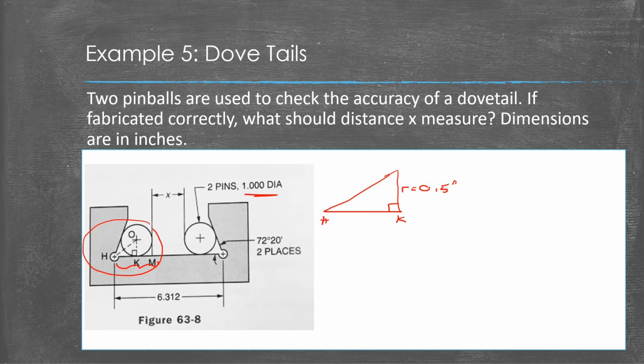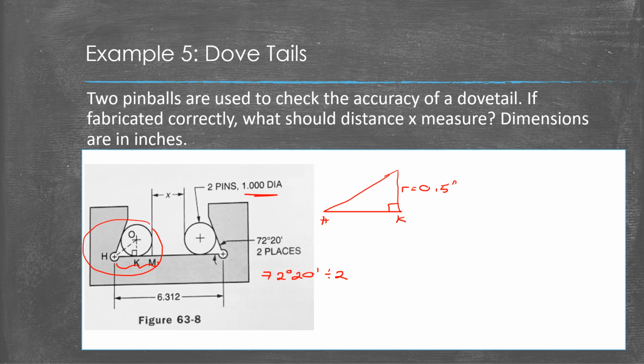72 degrees, 20 minutes, in 2 places, tells us that both sides of these are equal. That's all that means, is it's equal. And that's the whole angle. Now you'll see here that we've cut this in half. This angle happens to be cut in half when we tuck the circle in. So we're going to take our 72 degrees, 20 minutes, and divide it by 2.